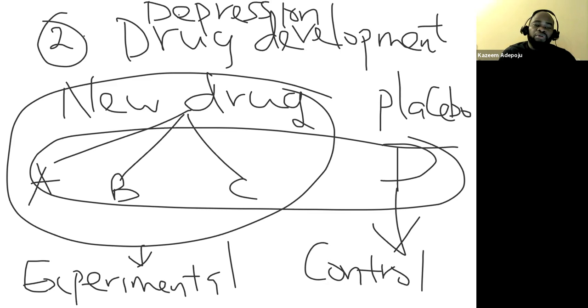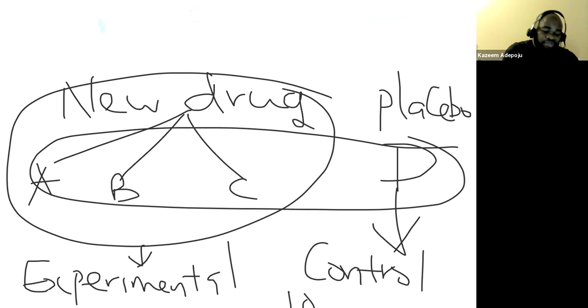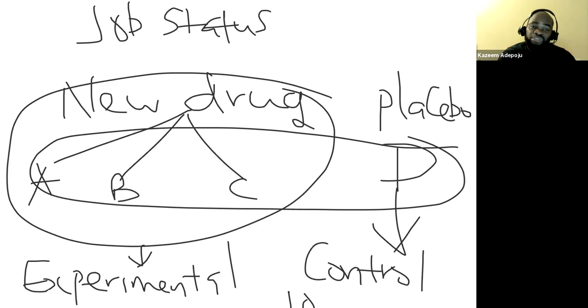Now there's another potential factor that may be related to depression that we need to adjust for, we need to control, and that factor is job status. You need to consider job status, because what can lead to depression could be job status. Another thing that could lead to depression, maybe drug use.